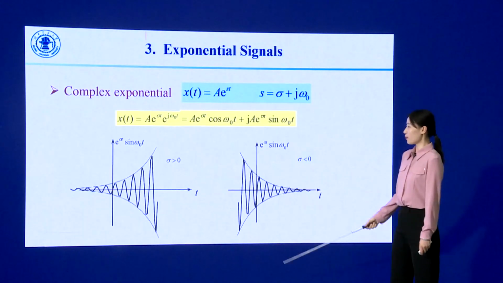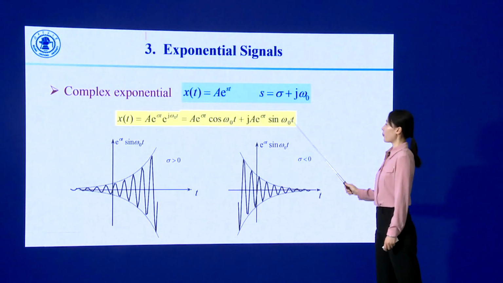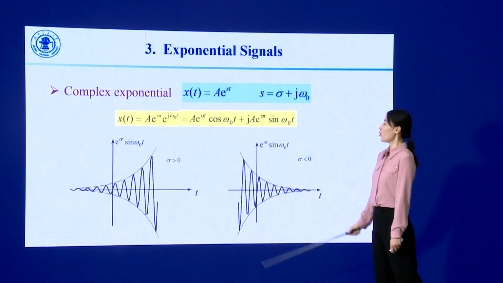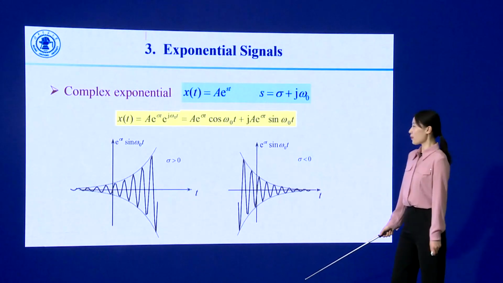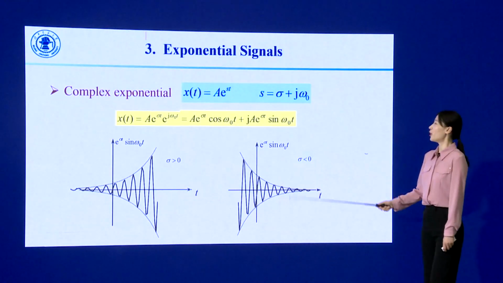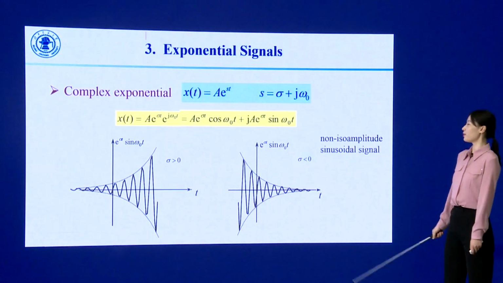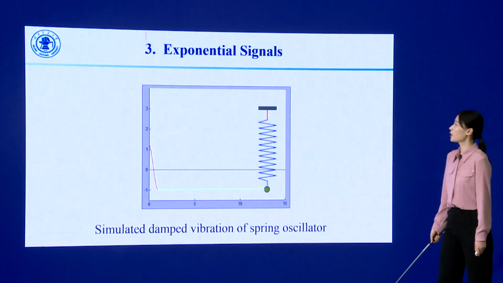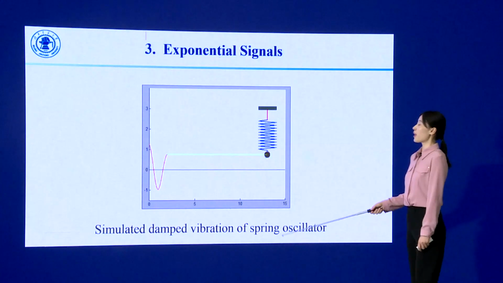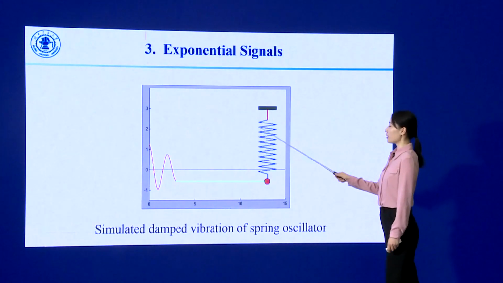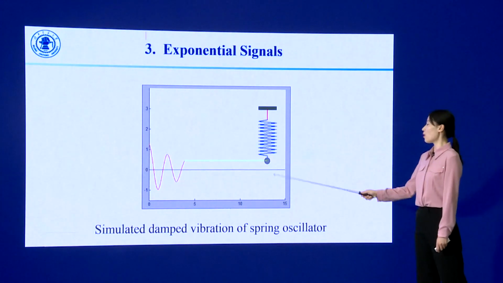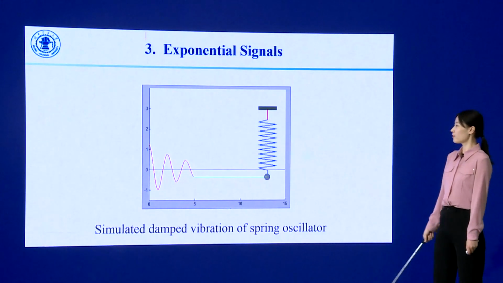And here we plot the imaginary part of this signal. We can find that the imaginary part of this signal is a non-constant amplitude sine signal. The complex exponential signal can simulate the vibration of a spring oscillator.